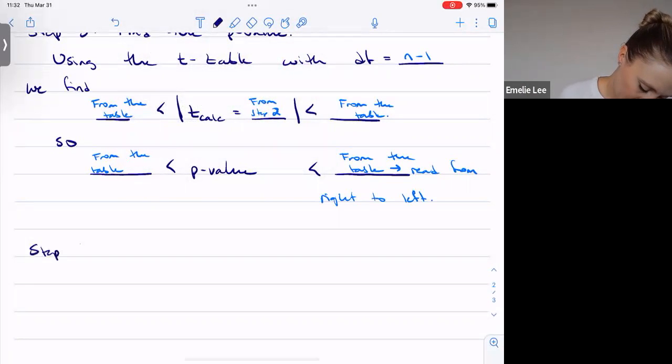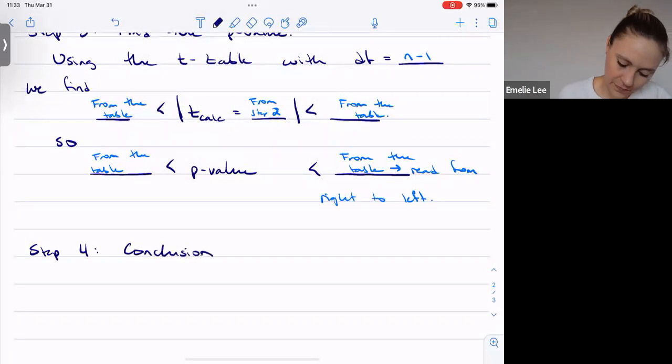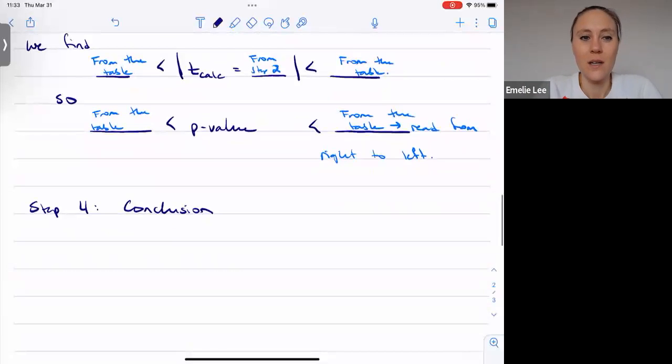Then we're ready for step 4, which is your conclusion. With just a range for the p-value, and of course, if you're using software, it would just give you the p-value. It exists, but we just need a range, and we can draw our conclusions from that.